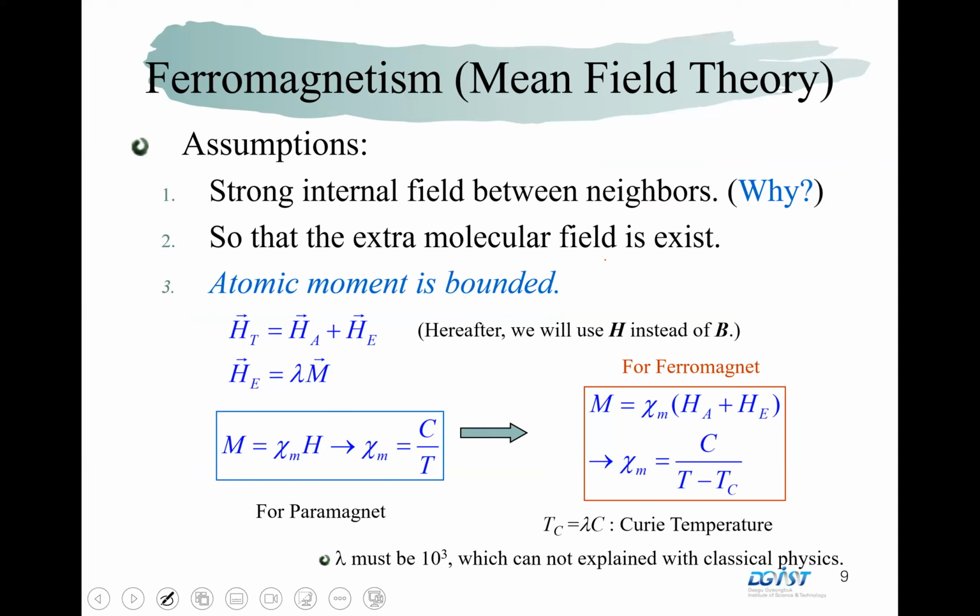And if you think about the ferromagnetism, we introduce some kind of molecular field here. With this hypothesis, we obtain the new susceptibility temperature dependence, and this means that when the temperature T approaches the Curie temperature, the susceptibility will diverge, meaning the phase change.